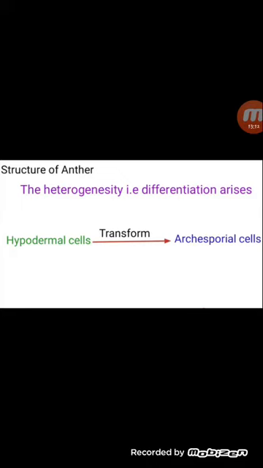So, anther can be differentiated; it is heterogeneous, more than one type. So you should know that the anther shows heterogeneity, that is, it could be differentiated, and this differentiation arises from hypodermal cells which are transformed to archesporial cells.